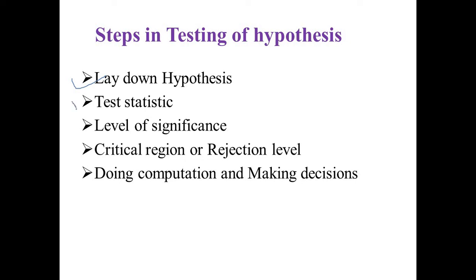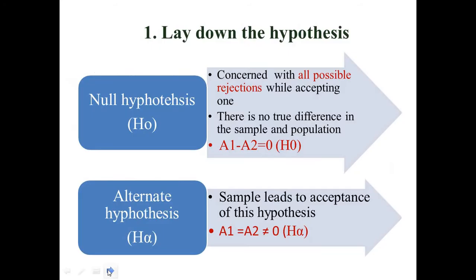Then the second step is to test that hypothesis, and the third important step is to consider the level of significance. Fourth, we have to analyze the critical region, also known as the rejection region, and at the last we have to compute and make the decision. We will go through it step by step.